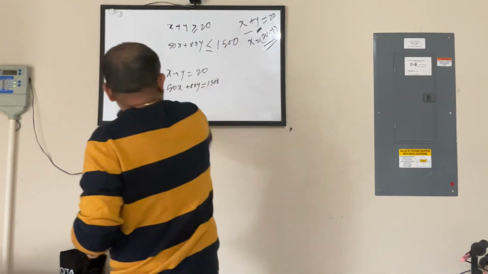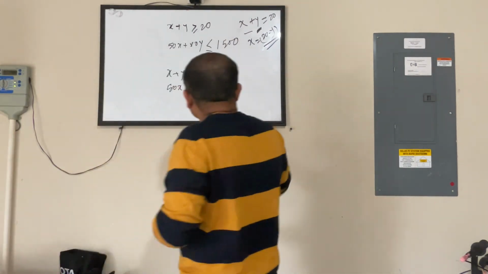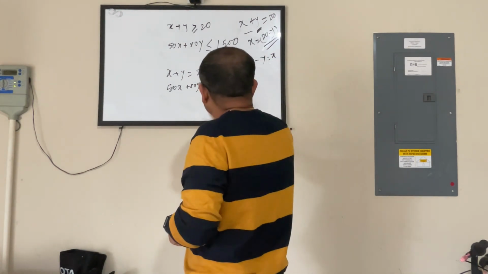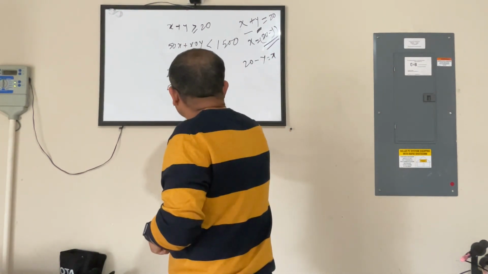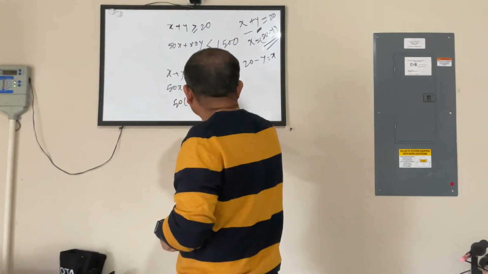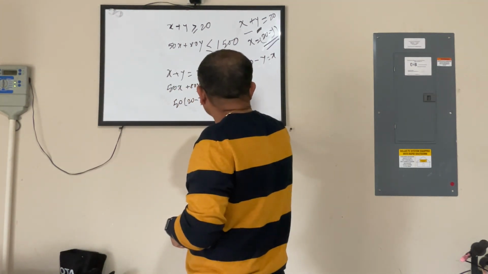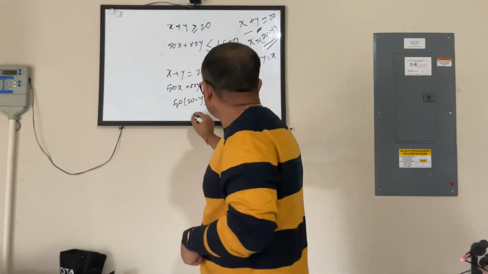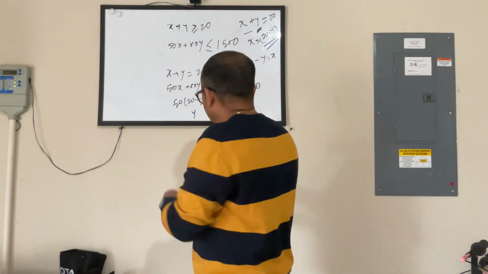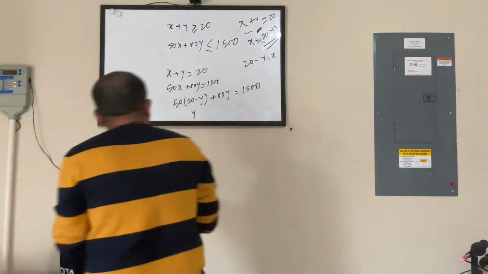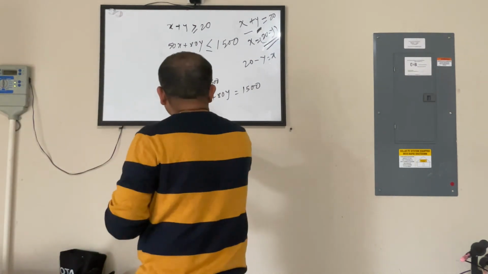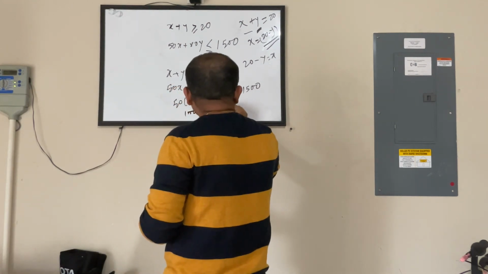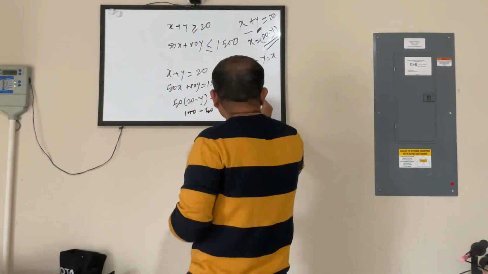Now, from this one, you get 20 minus y equals x. Put it here: 50 into 20 minus y plus 80y equal to 1500. Going step by step, this becomes 1000 minus 50y plus 80y equal to 1500.